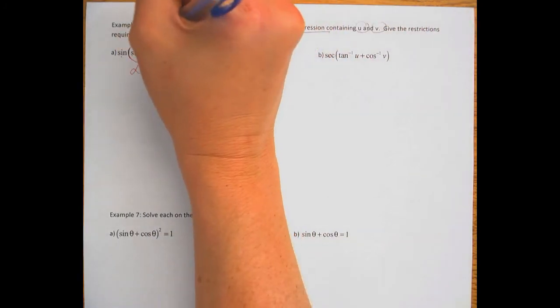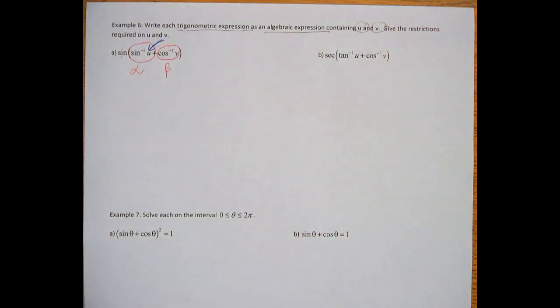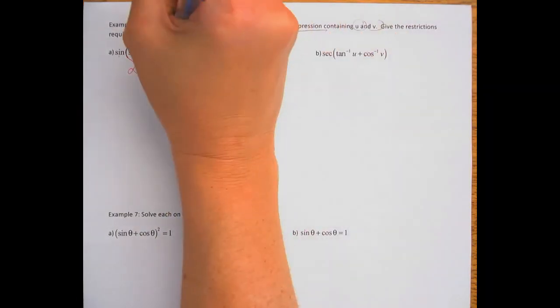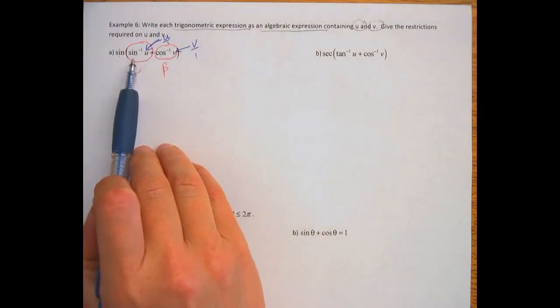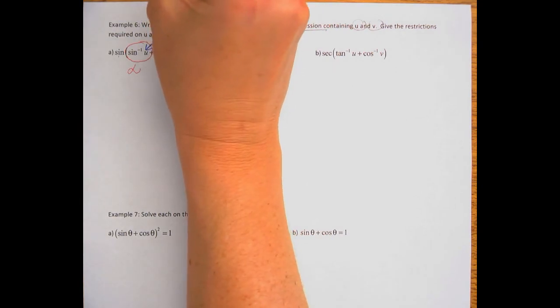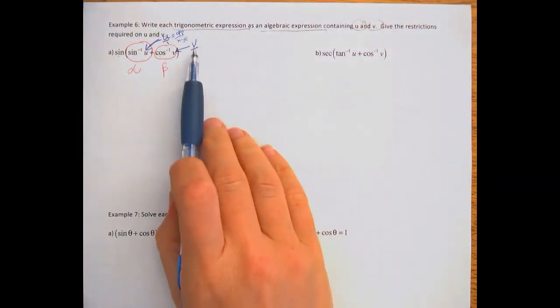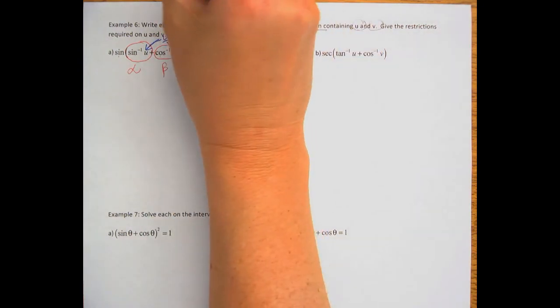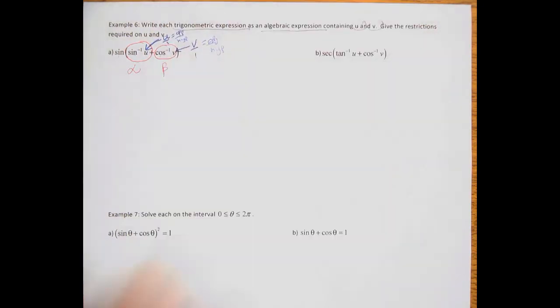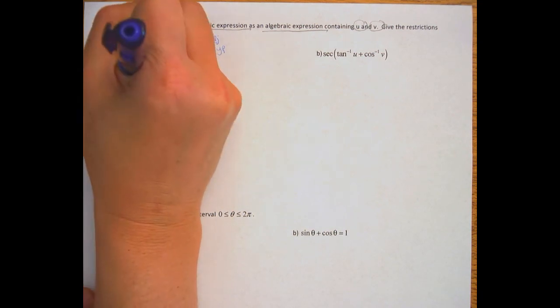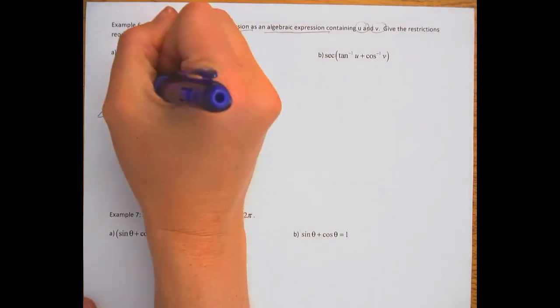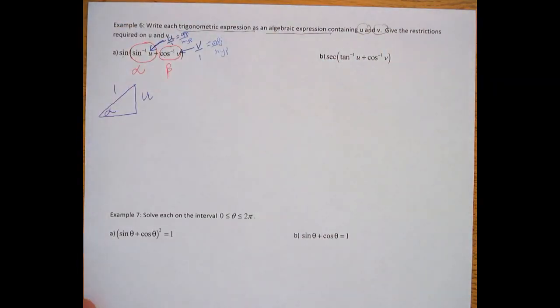Meanwhile, U is a ratio of two sides, U over 1. V is a ratio of two sides, V over 1. U is a sine ratio, so it's opposite over hypotenuse. V is a cosine ratio, so it's adjacent over hypotenuse. So I can use that information to sketch triangles. So for angle alpha, the opposite side is U and the hypotenuse is 1.